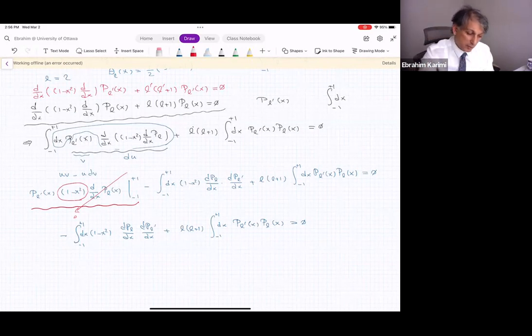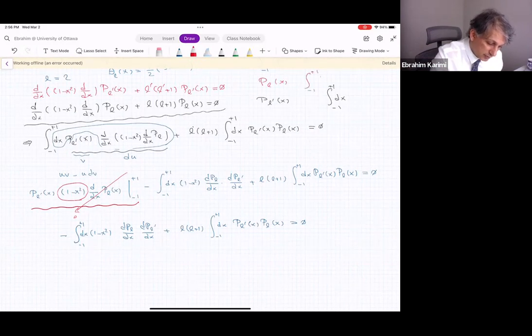Then you can multiply both sides by P_L(x), and again integrate in the interval of minus 1 to plus 1 dx. What you will get is exactly the same expression as this one.